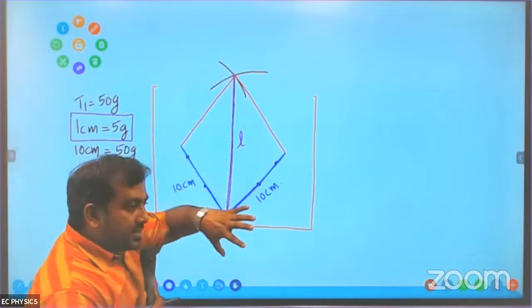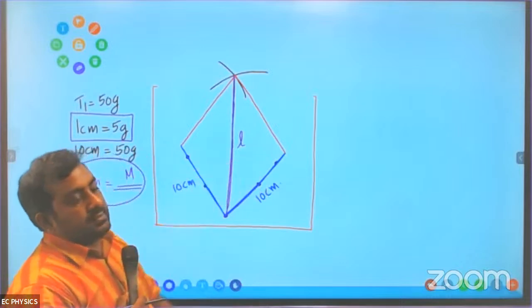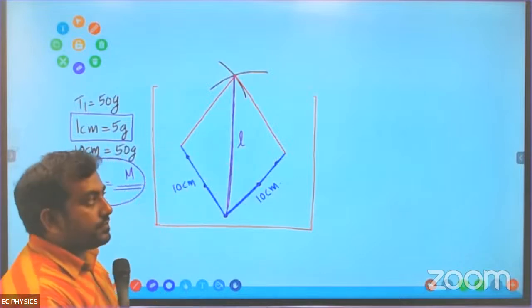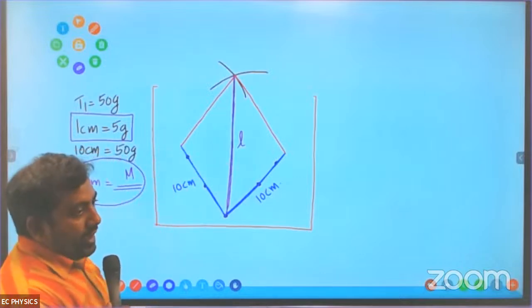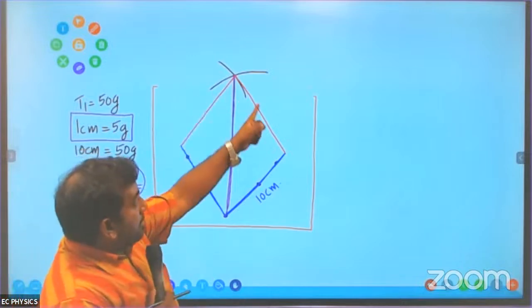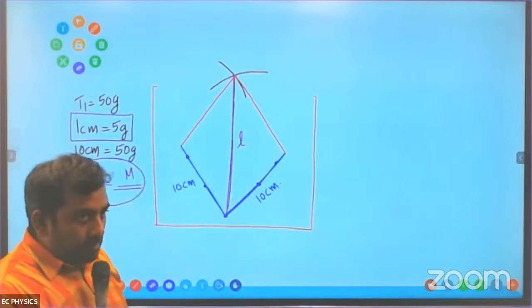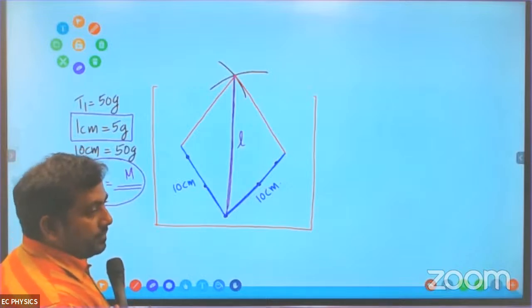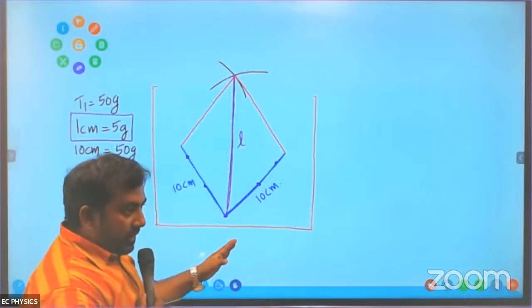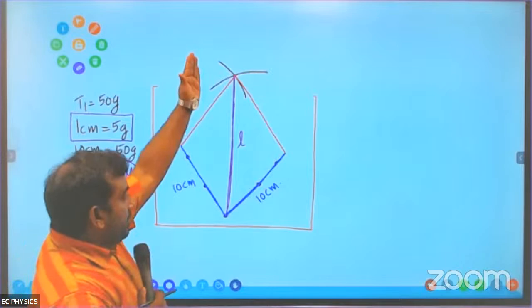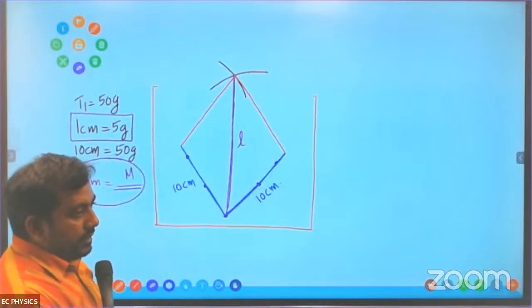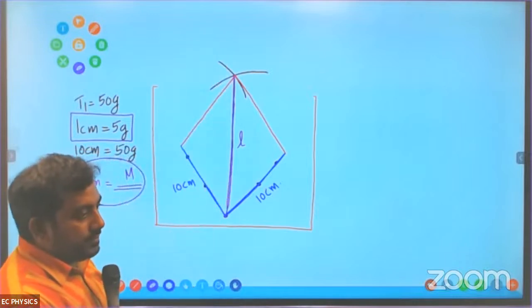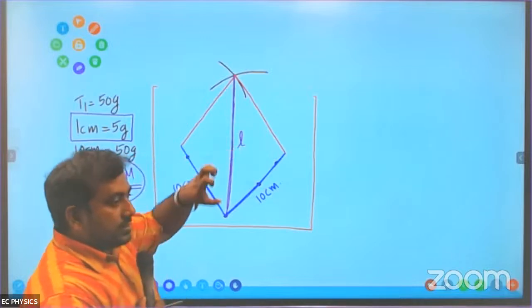Then using the set square and the ruler or compass, we complete the parallelogram, comma, we draw the diagonal, and we measure its length.